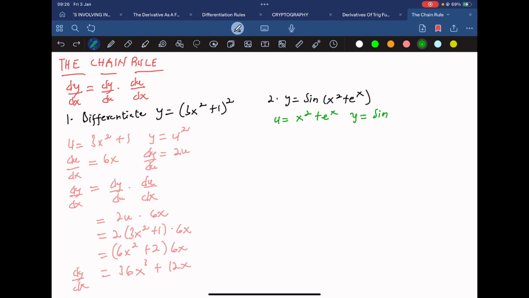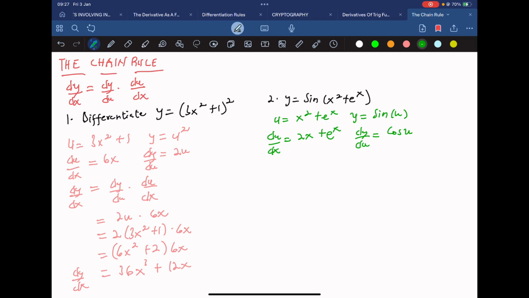So we have just sin(u). So to differentiate, this is a function of x, so we have du/dx. If we differentiate x², we are going to get 2x. And if we differentiate eˣ, you get the same thing. And this is a function of u. So if we differentiate y with respect to u, sin(u), you get cos(u).